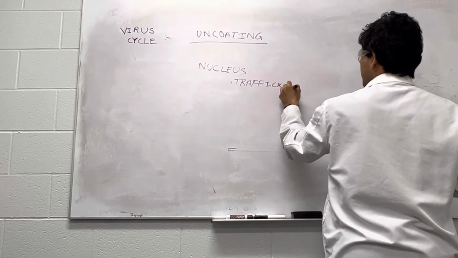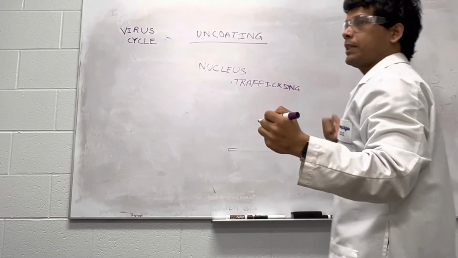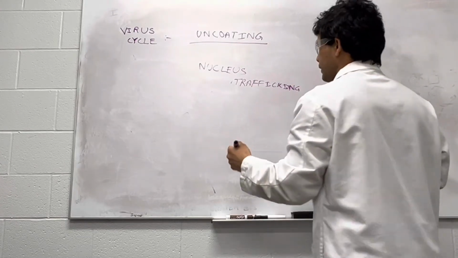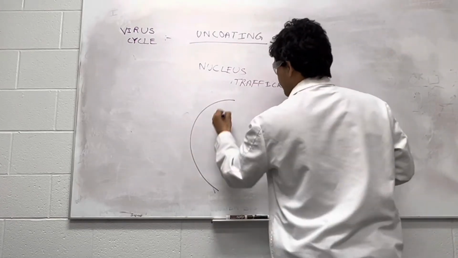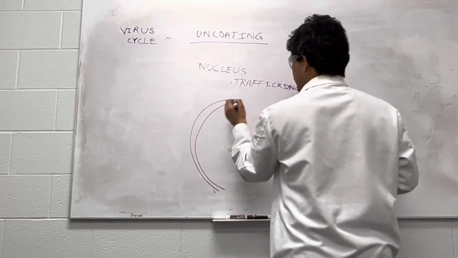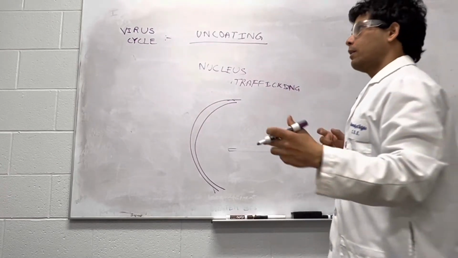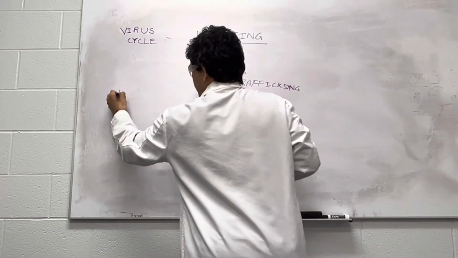Nucleus trafficking generally happens when the genetic material is in the form of DNA. Suppose this is the nucleus membrane, and the genetic material is very small, like in the case of polyomavirus.